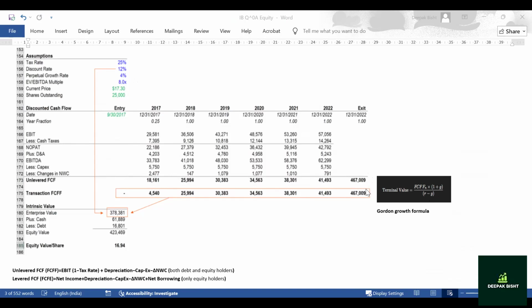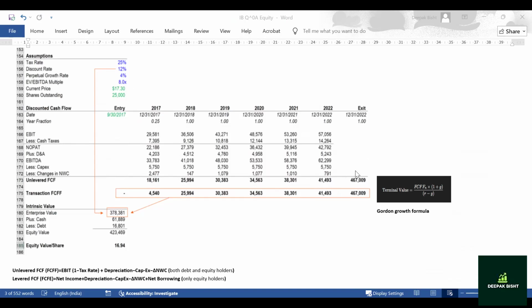The Gordon growth model is actually for the calculation of terminal value, and the EBITDA multiple approach is also for the calculation of terminal value. So this number we can either forecast by using the Gordon growth formula, this number 467009, or we can take the last forecasted number and multiply it with the exit multiple.